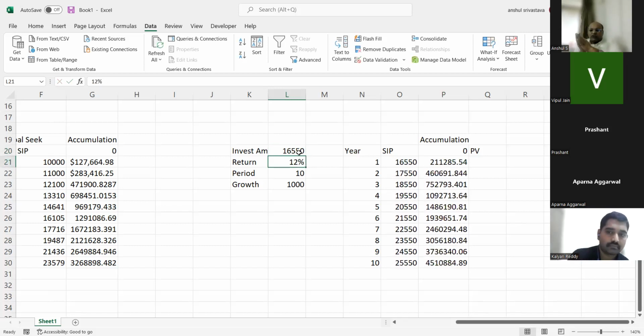So that way you can also do. If you are finding goal seek difficult, do trial and error. You have Excel, वो सब हमारे हाथ में है, but the only thing is things should be connected.